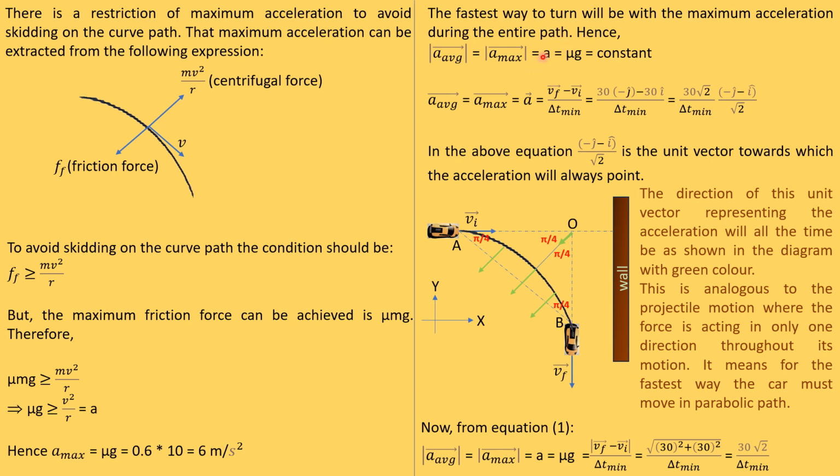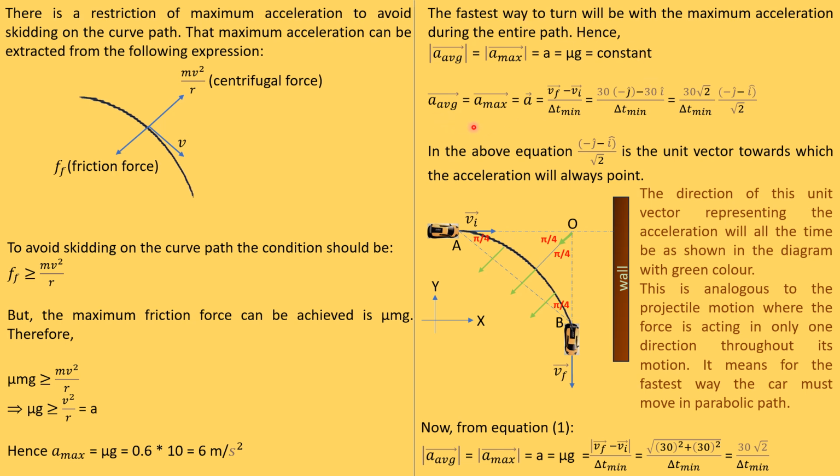Throughout the motion of the car on the curved path, the acceleration should be maximum. It should be equal to A max and should be constant, to satisfy this condition of the fastest way.